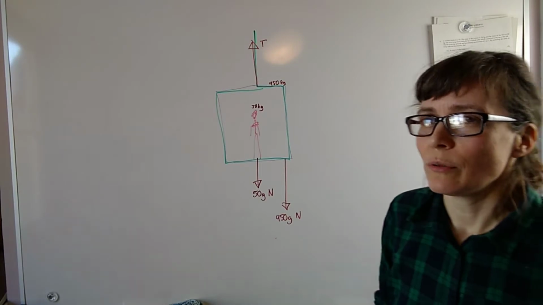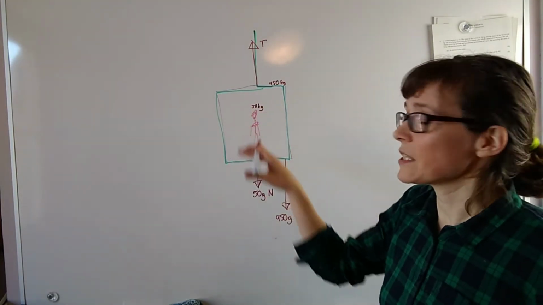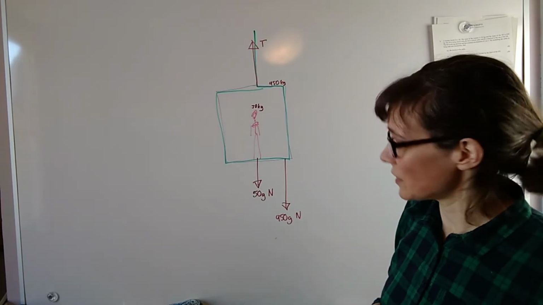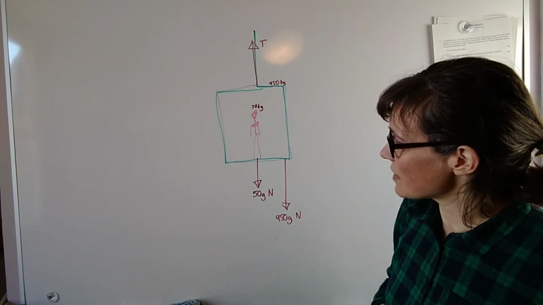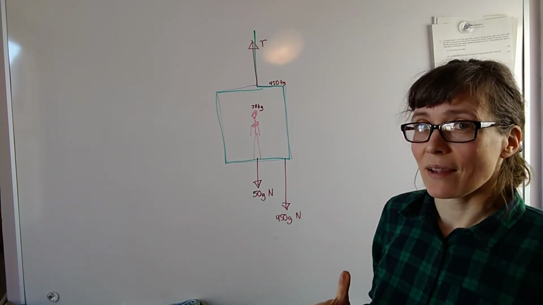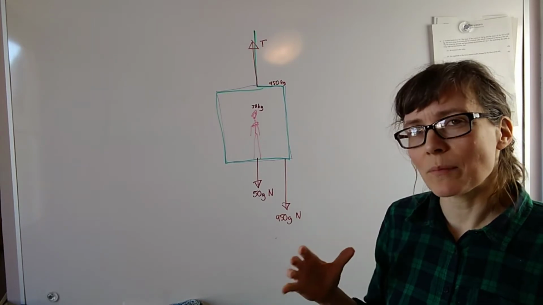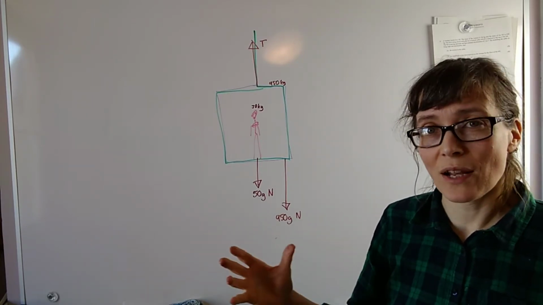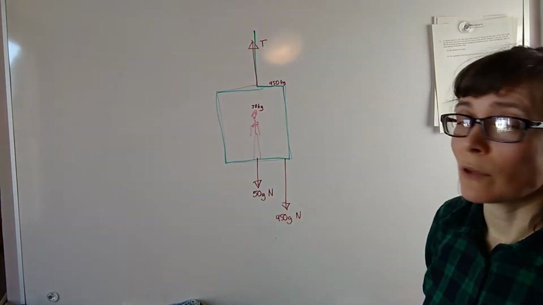When we come to part 2, we'll look at more of the interactions and a different Newton's law. But for part A, it's a bit like those connected particles questions with a car and a trailer. We want to look at the whole system, the whole object in one go.